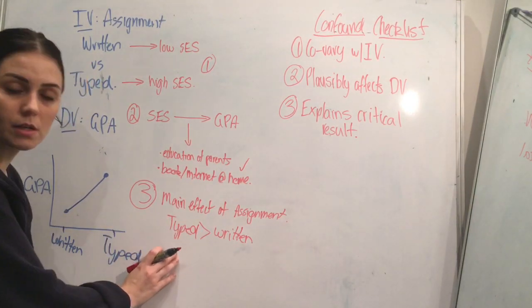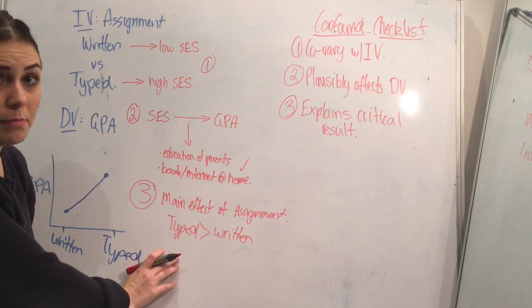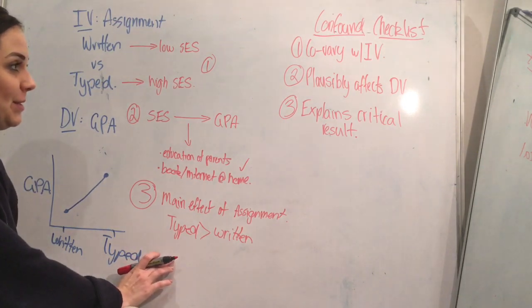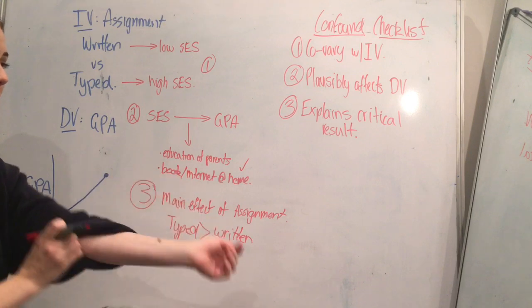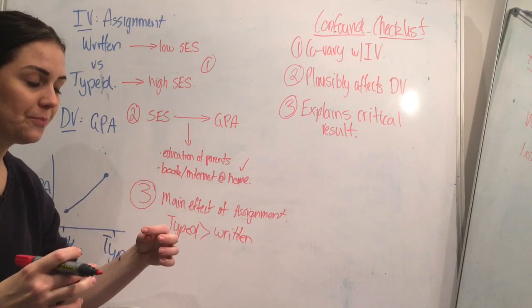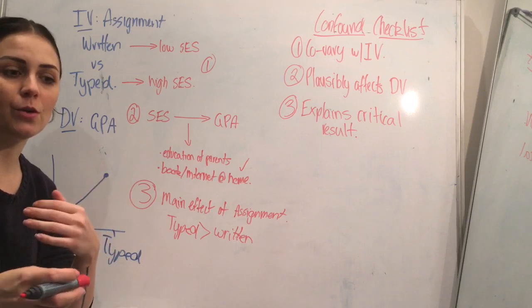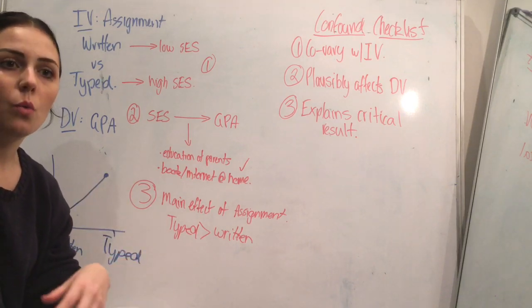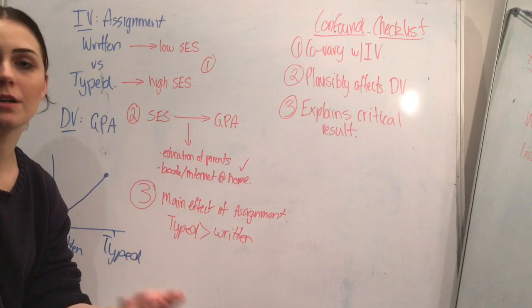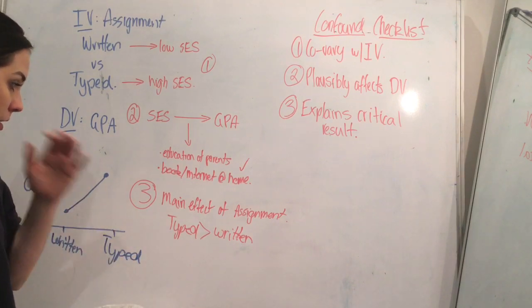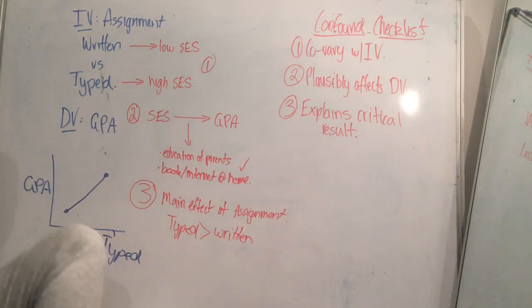So this is our critical result. Mention it before going on to whether it actually does account for it. To explain if something actually does account for a critical result, you need to explicitly tell the reader what the critical result is that you're trying to explain. So, main effect of typed and written.